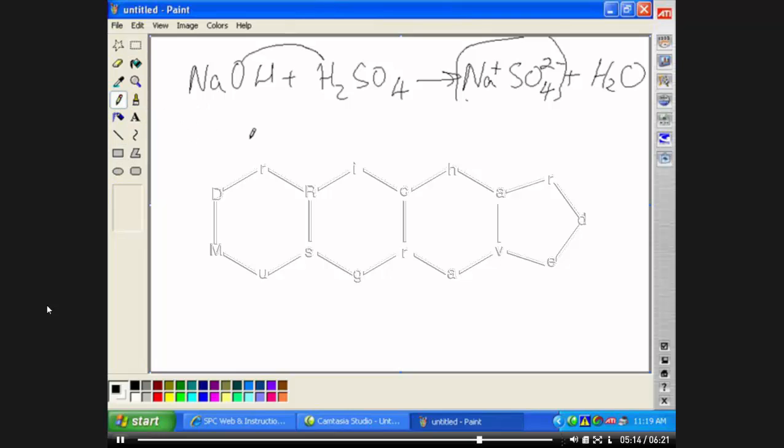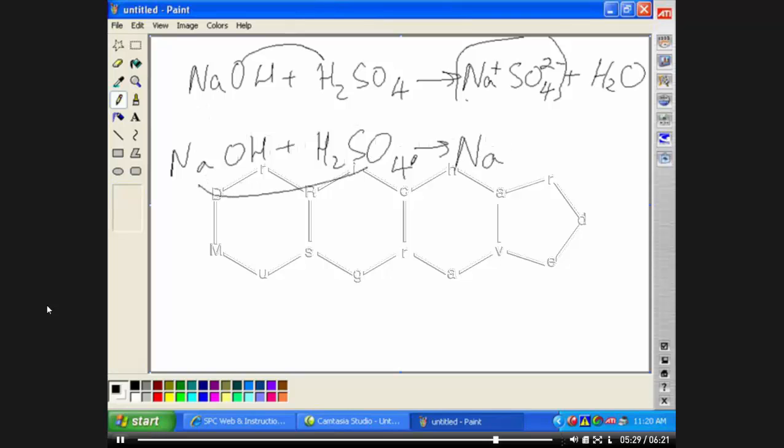So you'll start off with the problem here, NaOH plus H2SO4. And as I said, you figure out what joins together. The Na will join with the SO4. The H plus will join with the OH minus to give water.